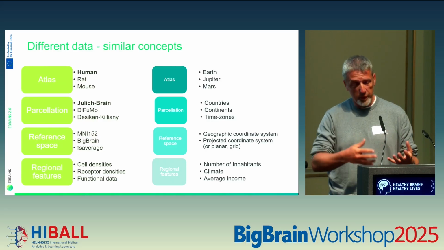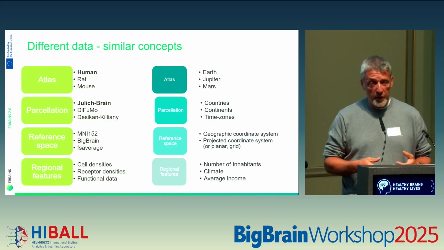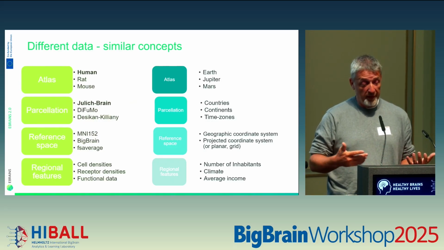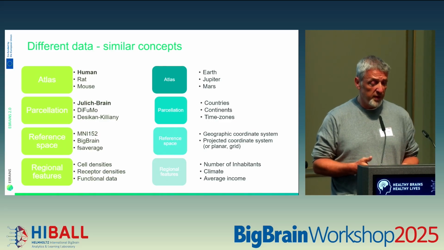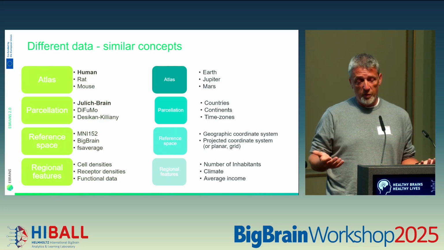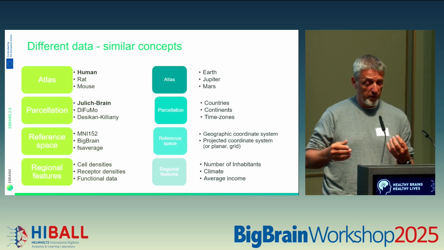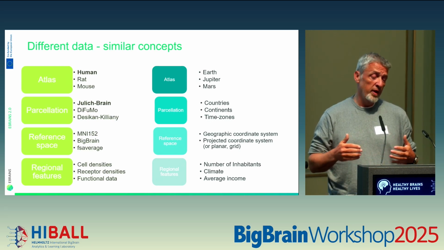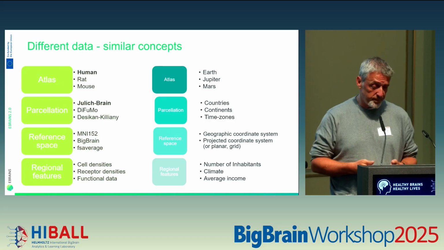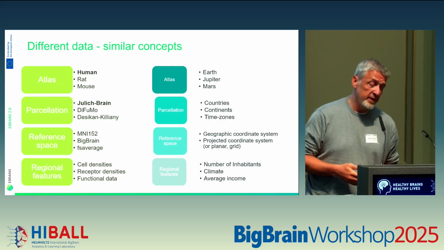This is the one we will concentrate on in this workshop because it's coming from our working group. But of course, there are different parcellation schemes included, comparable to countries, continents, time zones. It depends what you are looking for, what kind of parcellation you would like to apply to your atlas. Then we have different reference spaces.